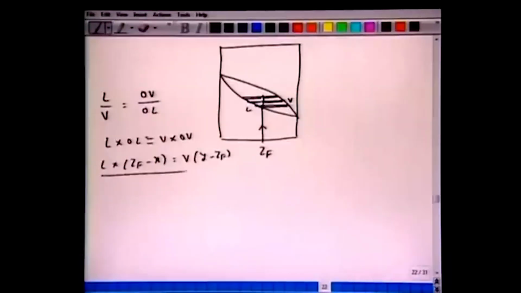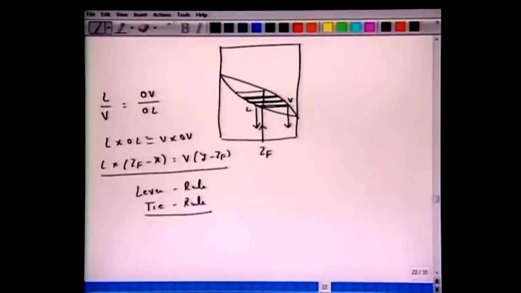So this is L and this is V. We are essentially applying the lever rule, which is also known as the tie rule. The amount of liquid and vapor formed varies along this. Initially we have a very small amount of vapor, then the vapor amount increases till it reaches here and everything is now in the vapor form. Okay, so starting with pure liquid, we have now reached the vapor.